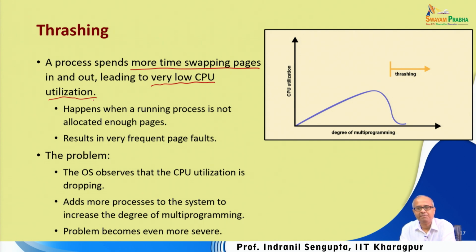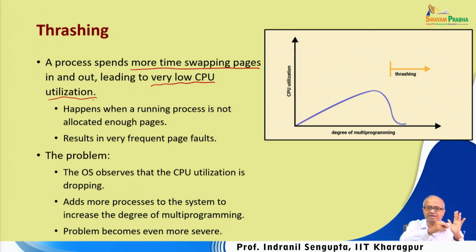And thrashing can happen when you are not giving enough number of pages to a process. Like for example, suppose I am a process, I need 8 pages. All these 8 pages are executing very frequently in a loop, but if I take away even one of those pages, there will be a lot of page faults. That page which I have taken out will be required again in the future.